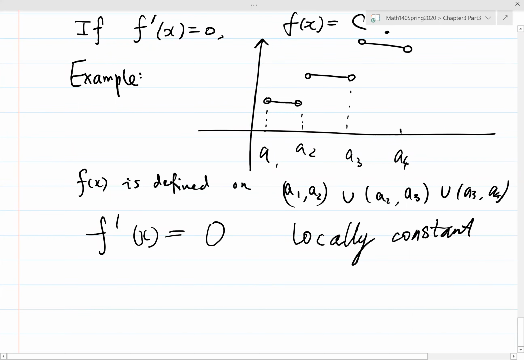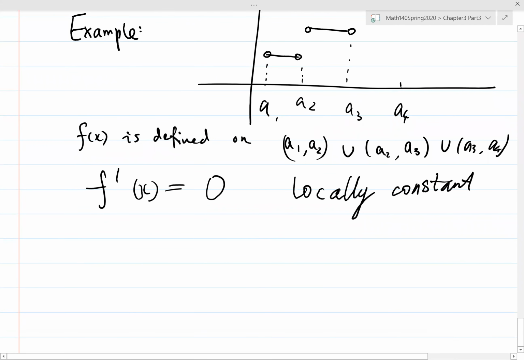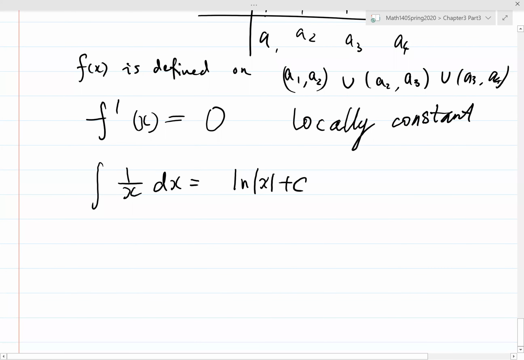So this is why when we talk about a derivative, we talk about one interval. To be more precise, for instance, when we talk about this example, ln absolute value of x, it has two intervals. Here 1 over x is undefined at x equals 0.